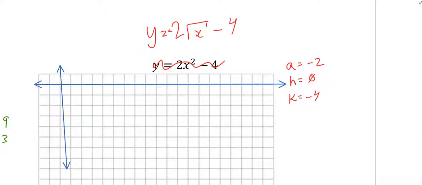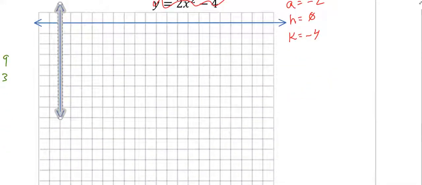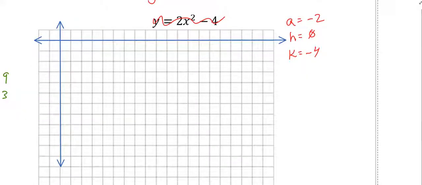Down 4 and going down, so I might need some room down at the bottom of this graph. 6, 7, 8, 9, 10. 1, 2, 3, 4, 5. 6, 7, 8, 9, 10.